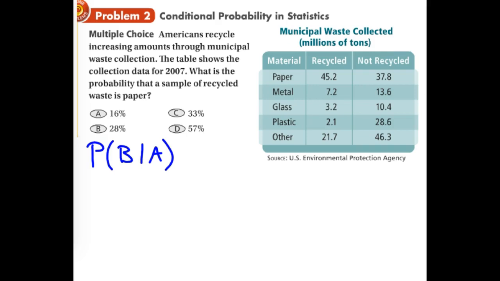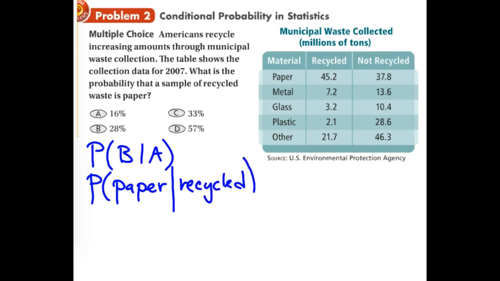Okay, so we would say the probability that it is paper, given that we know it's recycled? Does that make sense? They've told us they're narrowing it down. What's the probability that if we take something that's been recycled, what's the probability that it's paper?